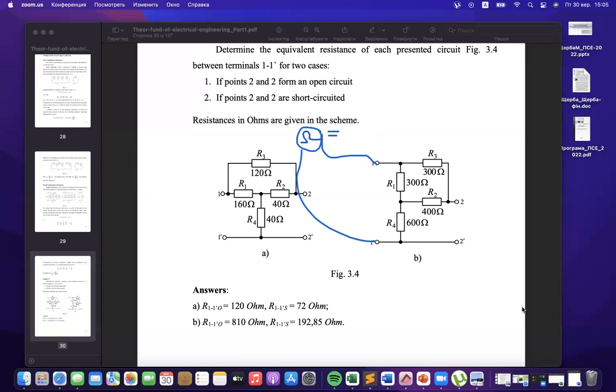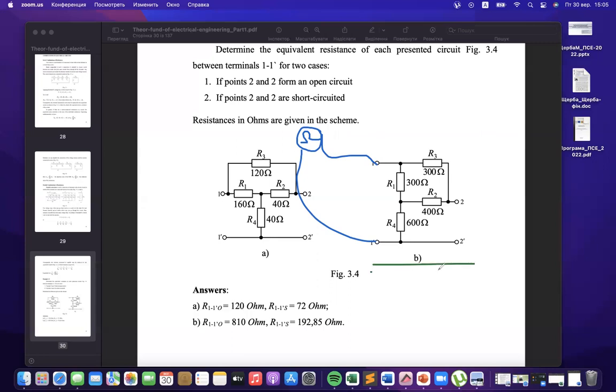Who knows? Any of you? What's it called? Let me read the question again because I am in a car. Determine the resistance if points 2 and 2 form open circuits and points 2 and 2 are short circuits. Okay.